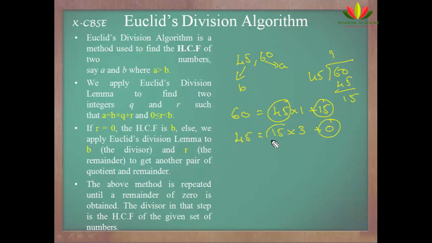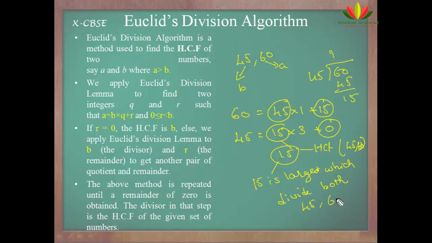So what is the divisor here? 15. So this 15 I will say is the HCF of 45 and 60. So I already told what HCF is, right? So 15 is the largest number which can divide both 45 and 60.